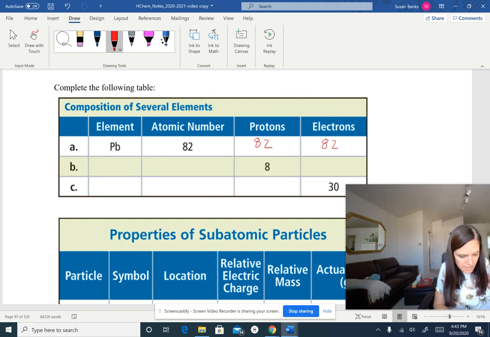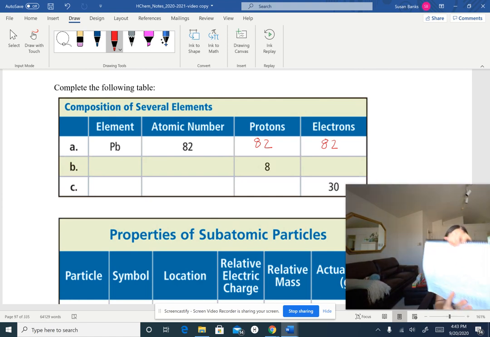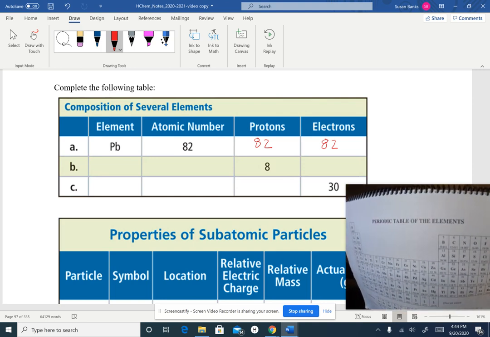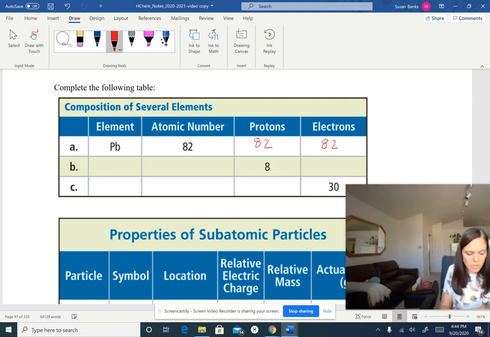Now, protons, this one has 8. So if I look at 8, let's put this up here, on 8, I see that I have oxygen. So oxygen has the atomic number of 8, gives me 8 protons and 8 electrons. 30 electrons probably means it has 30 protons.